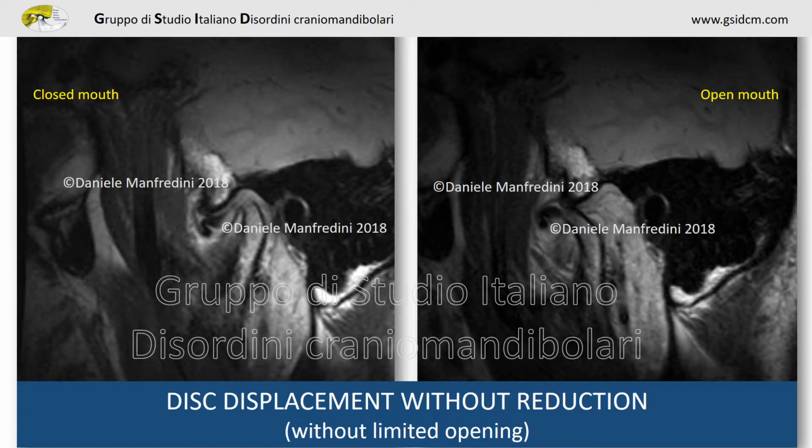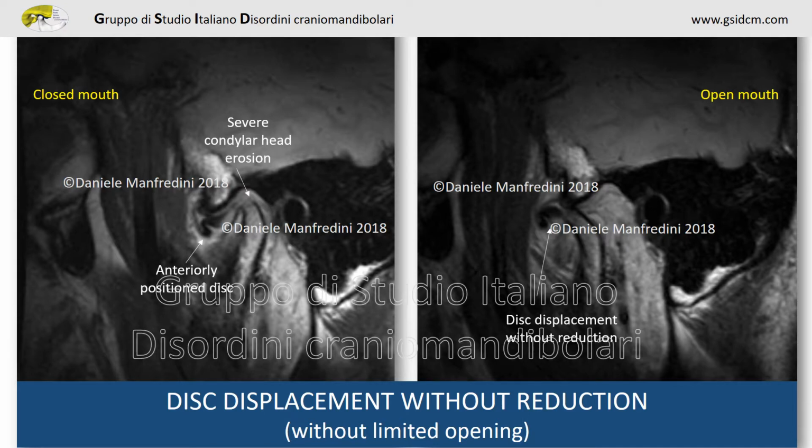When the displacement is chronic, it happens that the anteriorly positioned disc is severely deformed and there is a concurrent severe erosion of the condylar head.